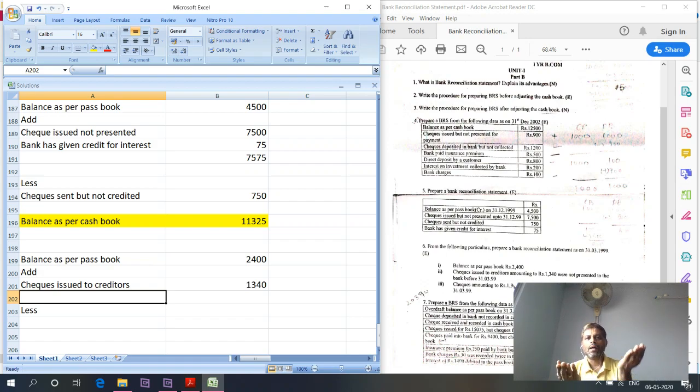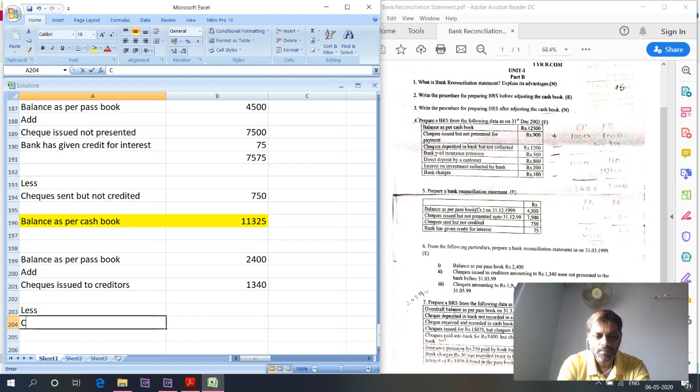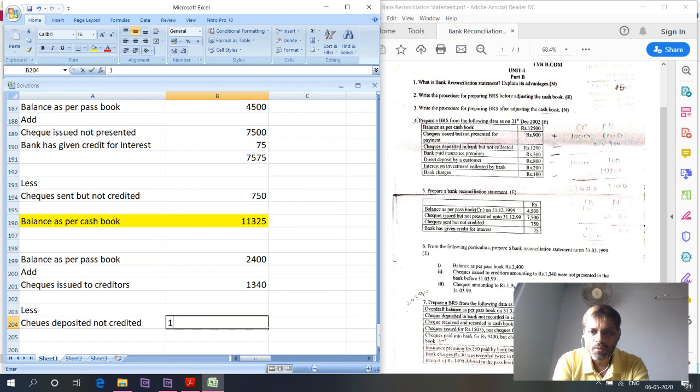So the balance as per cash book has increased, but the bank has not shown any credit because it has still not come from clearing, so reduce the balance. Checks deposited not credited, 1,900.